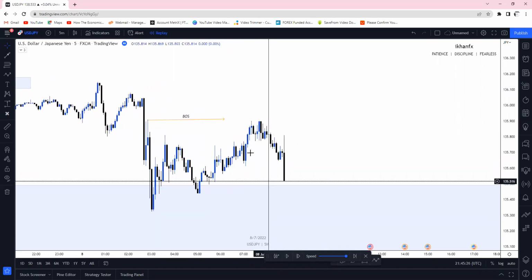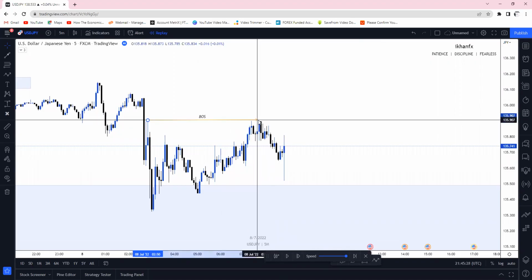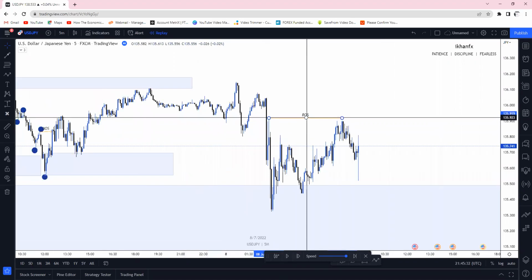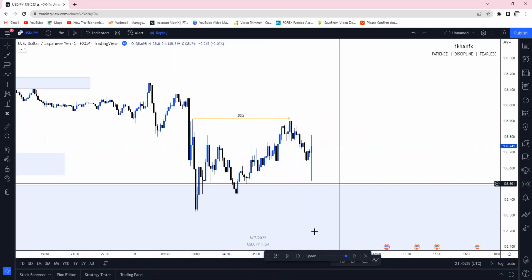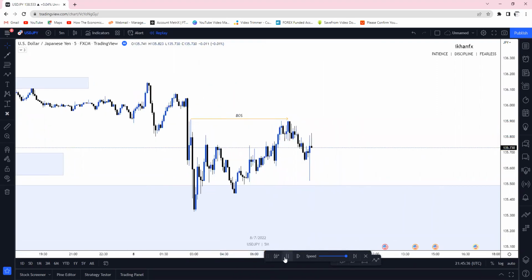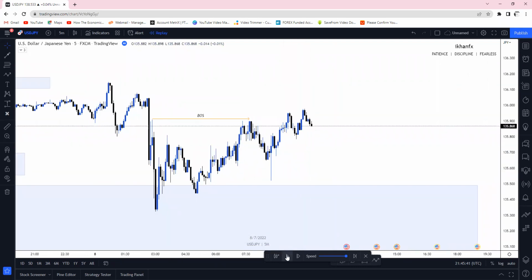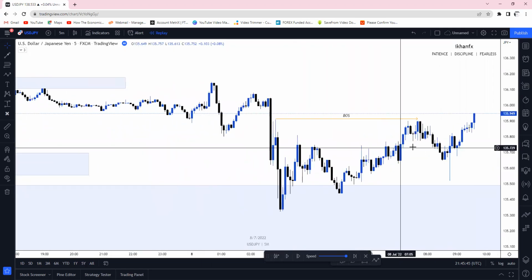Not yet. Hajakuwa broken. Yes, at this point imekuwa cleared. This move may break.